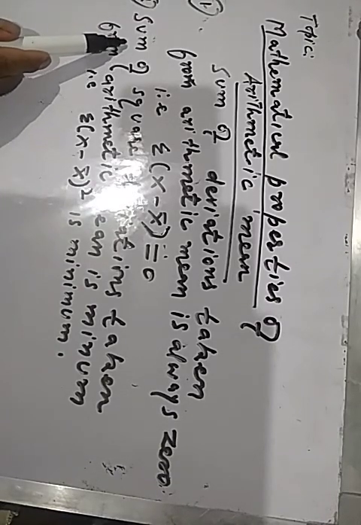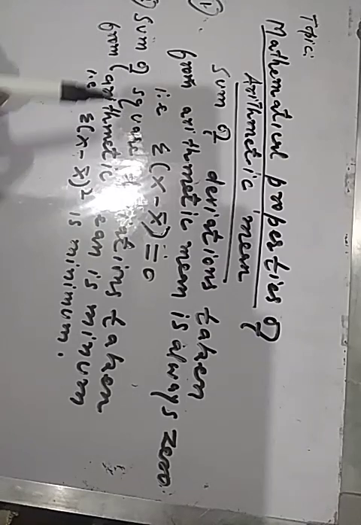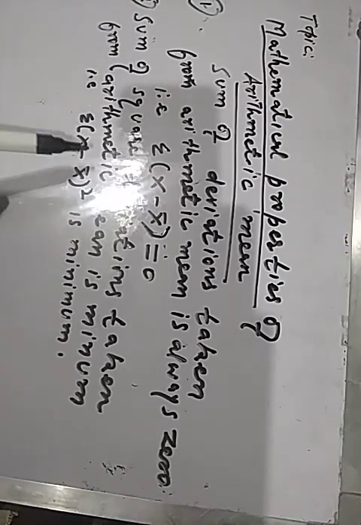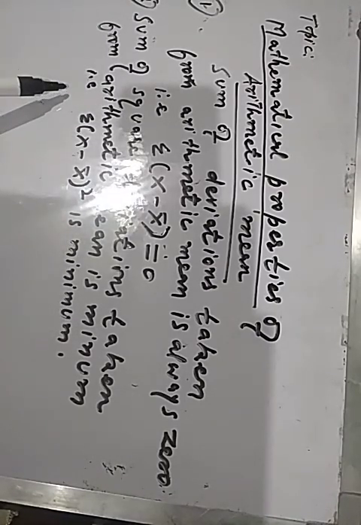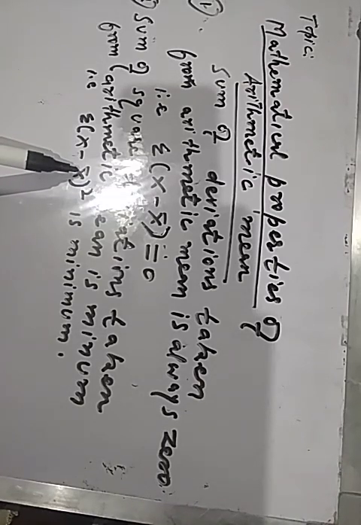And the second property is that sum of square deviations taken from arithmetic mean is minimum. When it is taken from arithmetic mean, its value will always be minimum as compared to when it is subtracted by assumed mean.